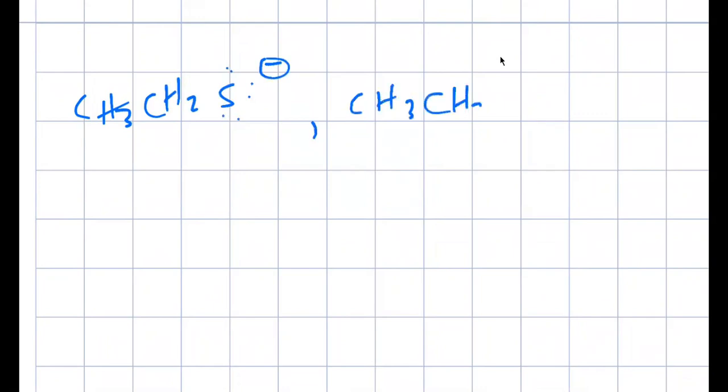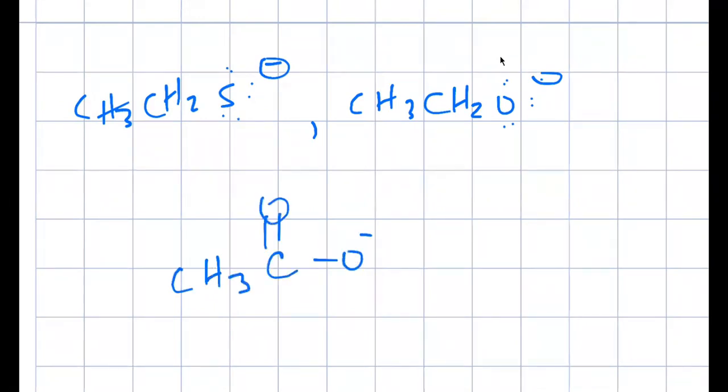All right. So we had CH3CH2S-. And then we had CH3CH2O-. And then the acetate was CH3C double bond O-, right?